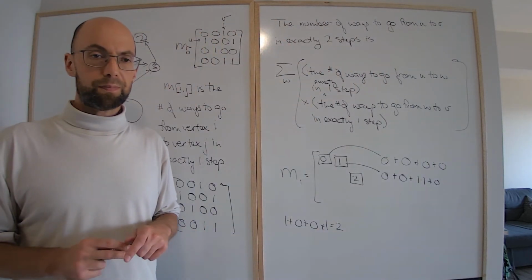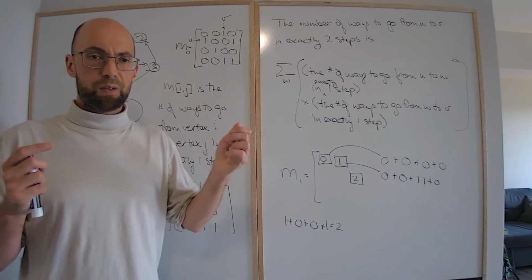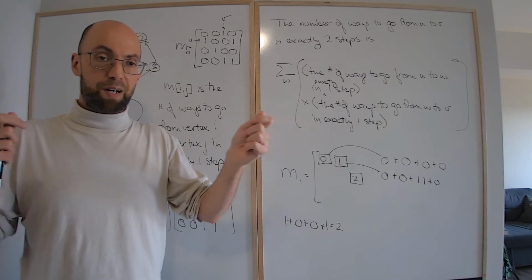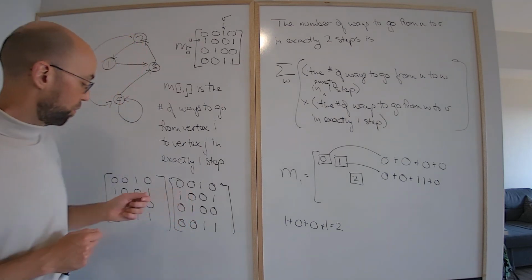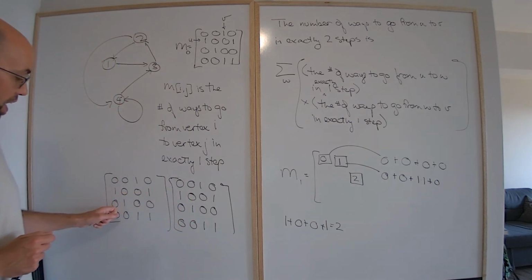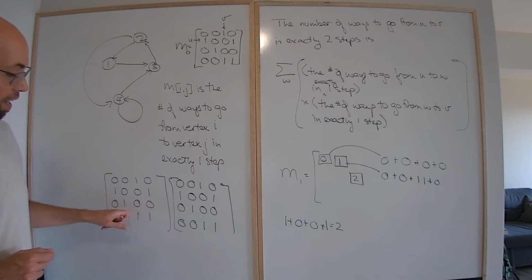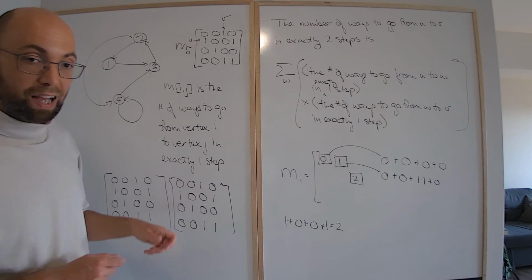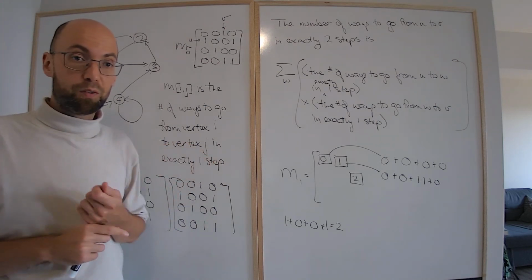Okay? Surprise, surprise, this is matrix multiplication, right? When you multiply a row by a column in the same matrix, it's saying all the ways to go from U to W, as W ranges over this, and the number of ways to go from W to V, as W ranges over the same values.